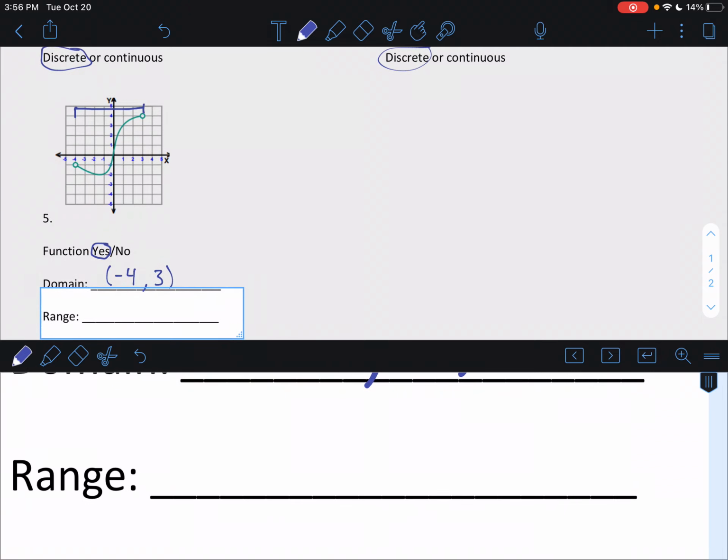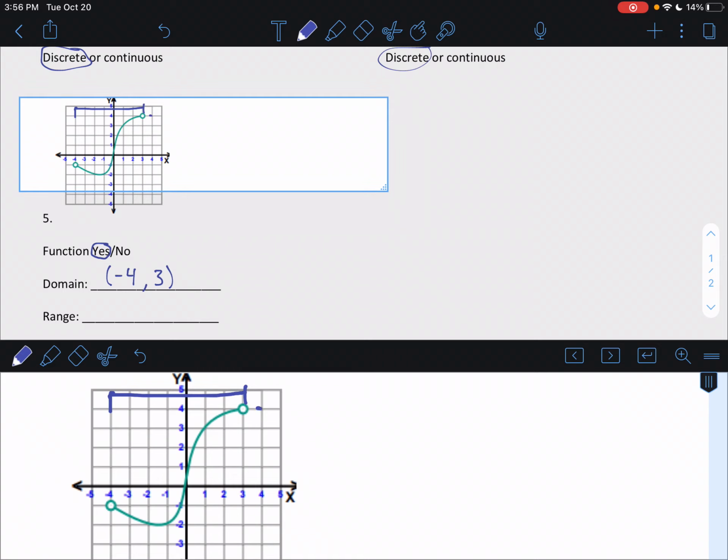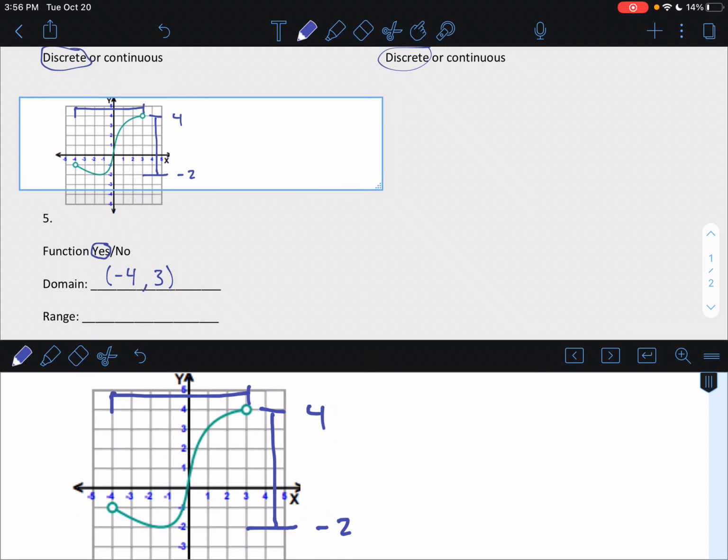My range here, well, that's up and down. So the range is from there all the way to there. The lowest is -2 up to 4. And the range actually does exist there at -2. Like there's an actual point there, not an open circle. At -2 there's a closed circle.